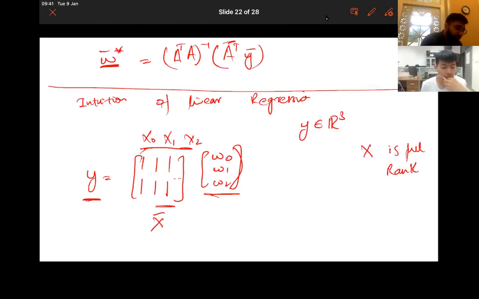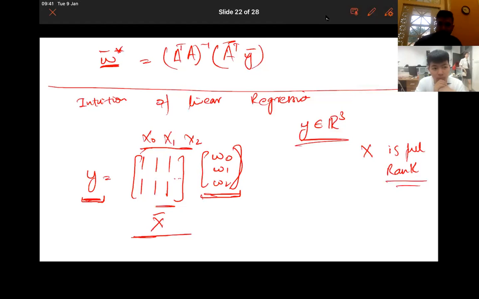So if X is full rank, how many columns of X do I need such that I can write any Y with appropriate W0, W1, W2? Okay, dimensions of Y. I've said that Y is in R3.